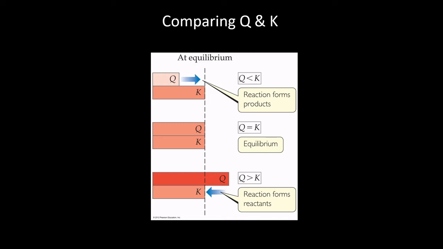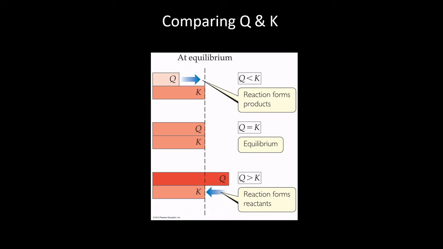So if, for example, you know both Q, which is the reaction quotient, and K, the equilibrium constant, and you find that Q is smaller than K, what that tells you is that the reaction is going to move to the right in order to reach equilibrium. You need to make more products and use reactants to get to equilibrium.